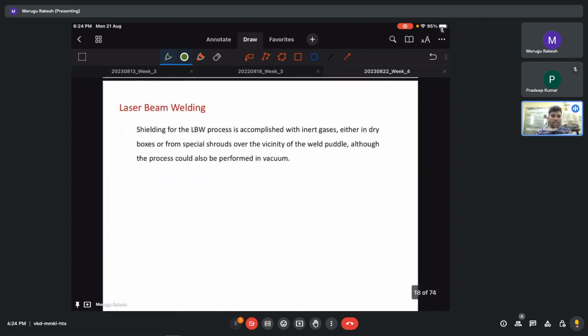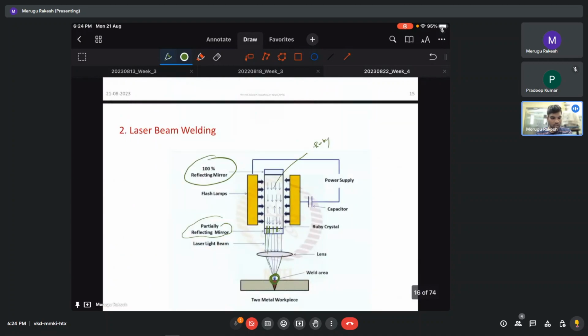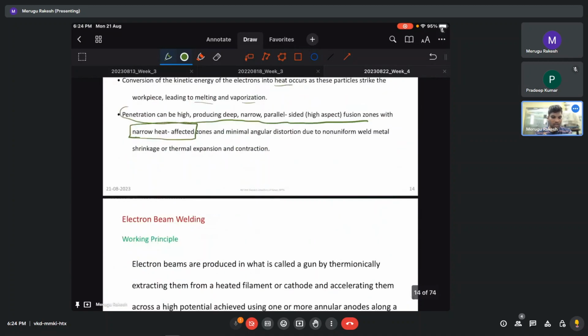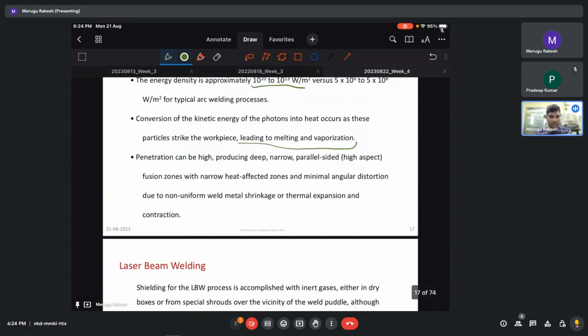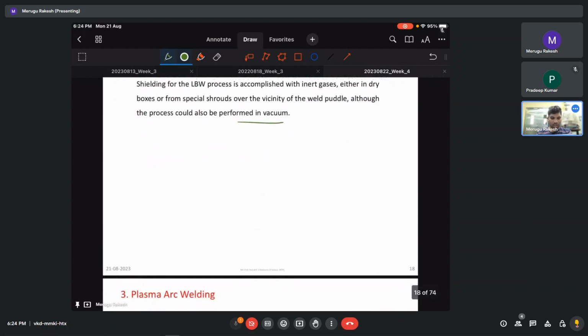Shielding for the laser beam welding process is accomplished with inert gases, either in dry boxes or from a special shroud over the vicinity of the weld puddle, although the process could also be performed in vacuum. Electron beam welding has to be performed in vacuum. Similarly, laser beam welding can be performed in vacuum as well as in air atmosphere.